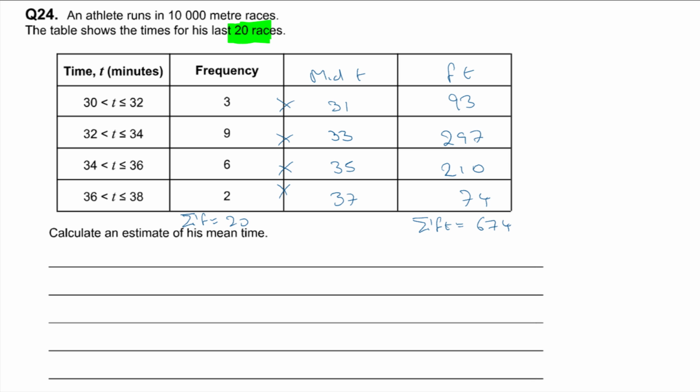Okay, so now once I've got those, then my estimated mean is going to be sigma ft over sigma f, which is going to be 674 divided by 20, and that is equal to 33.7.